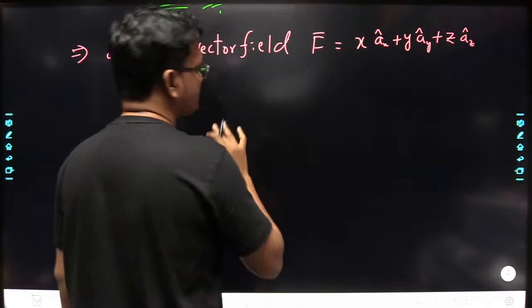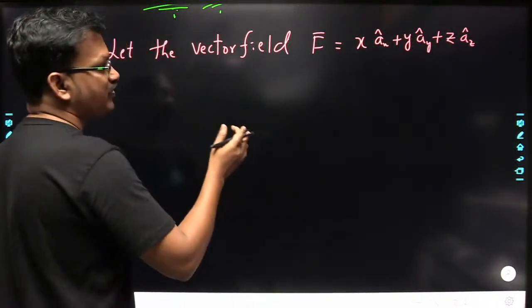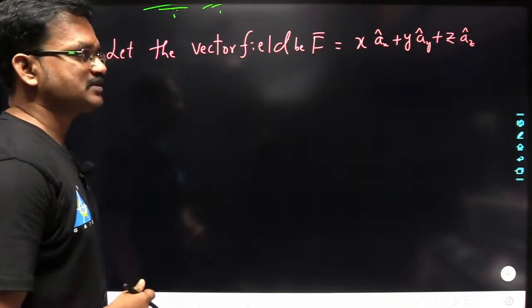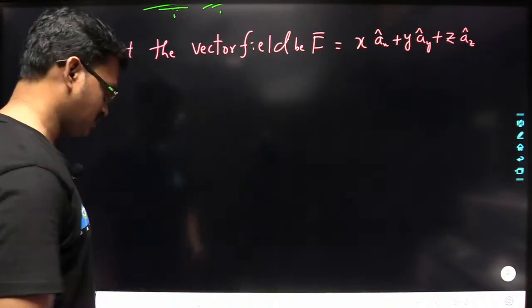So let the vector field be f bar is equal to x ax cap plus y ay cap plus z az cap. Okay.